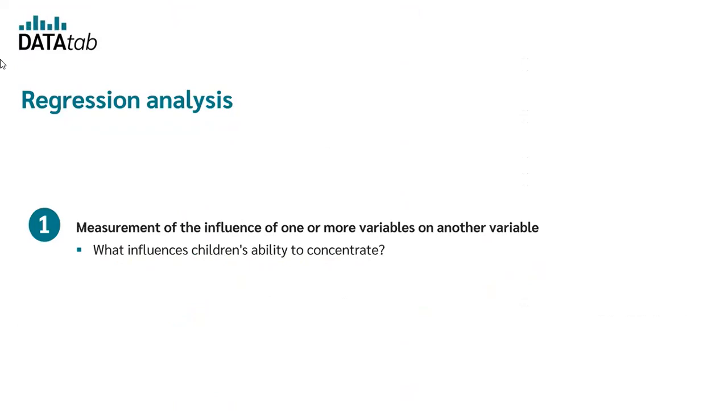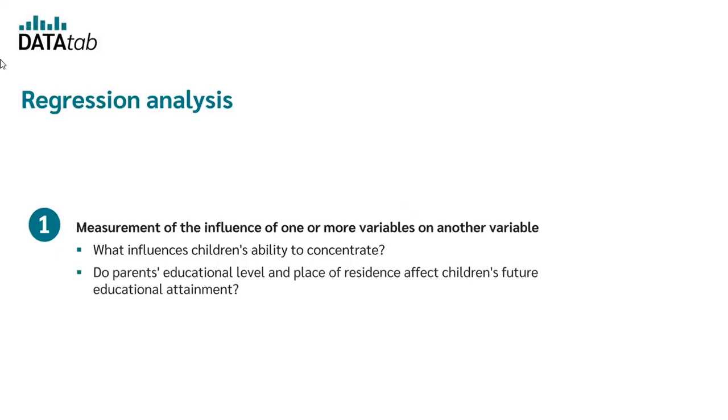But in this case, you're not interested in predicting it. Another example would be you could investigate whether the educational level of parents and the place of residence have an influence on the future educational level of children. This area is very research-based and has a lot of application in the social and economic sciences.